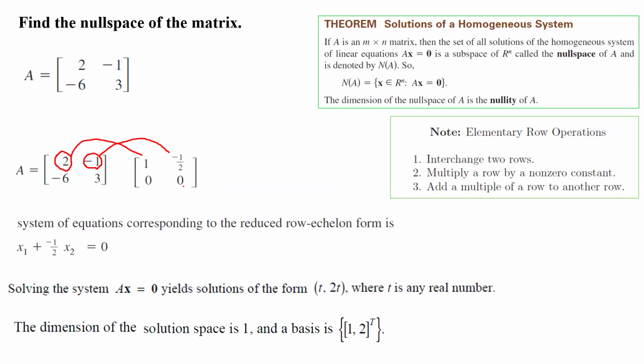That's how we found the null space of the matrix. Again, remember the definition. We're looking for all x values. These are in the form of a vector in the n space such that Ax becomes 0.